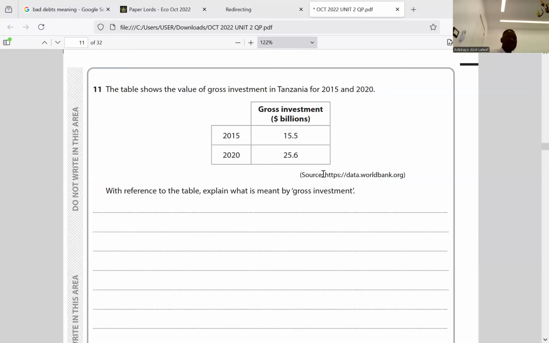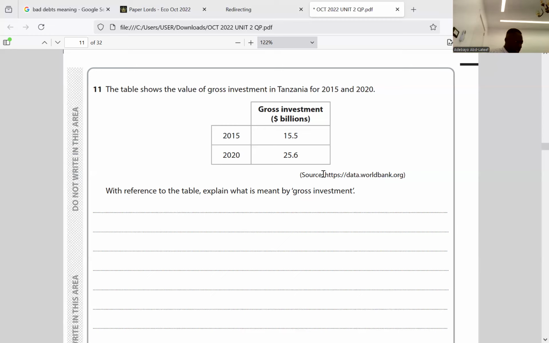Do you get my point here? Net investment is gross investment minus your depreciation, the value of that asset minus the loss in the value of that asset. That gives your net investment. Gross investment is net investment plus depreciation, based on the calculation we have here.